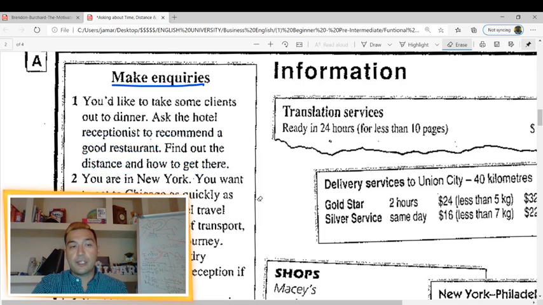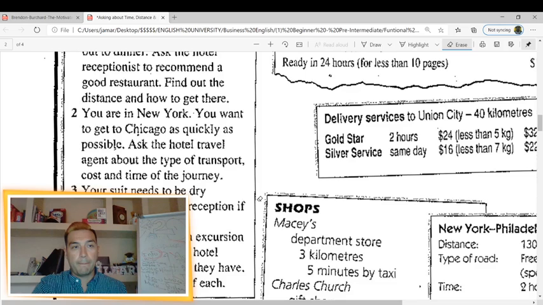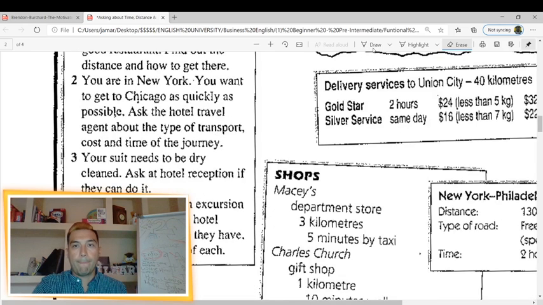Can you read the instructions, please? You are in New York. You want to get to Chicago as quickly as possible. Ask the hotel travel agent about the type of transport, cost, and time to the journey. Okay, so we need 3 things.